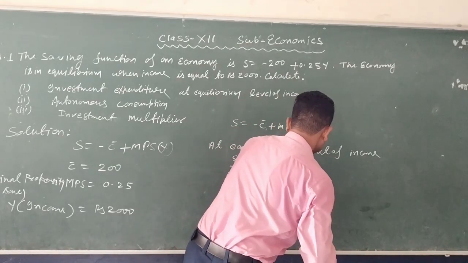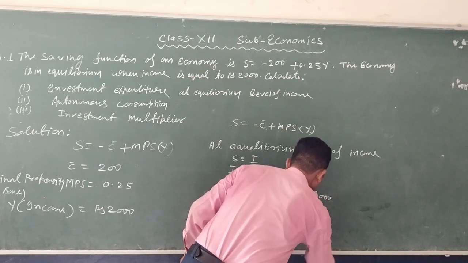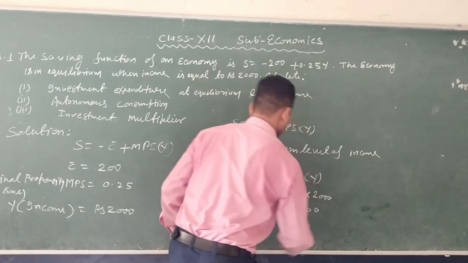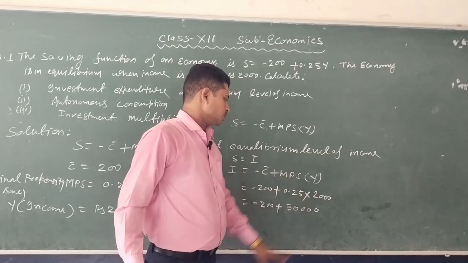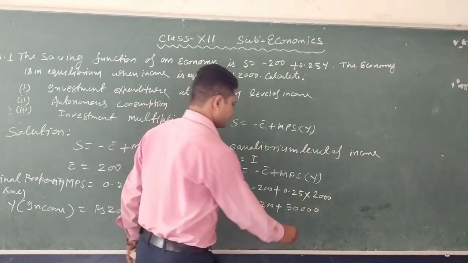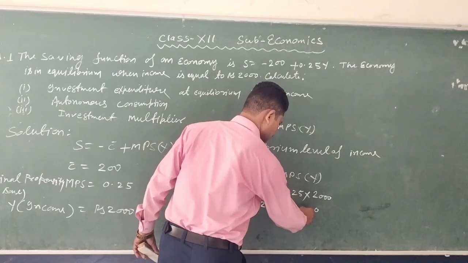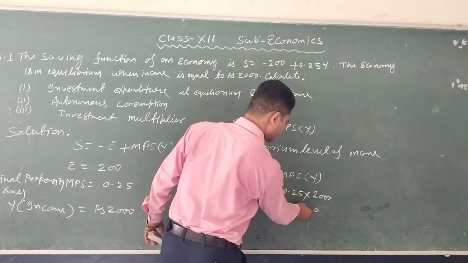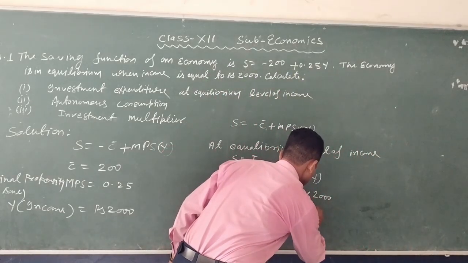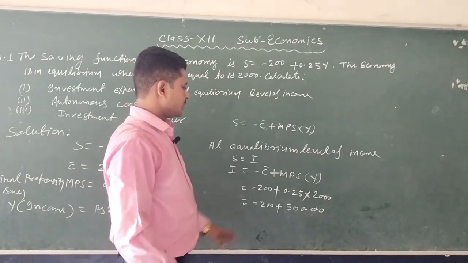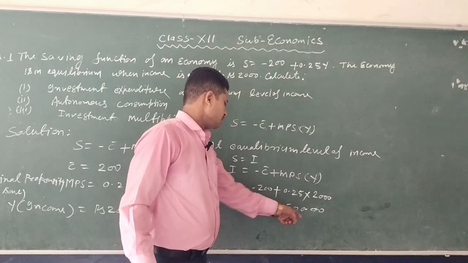Sorry, when we multiply 0.25 into 2000, we get 500.